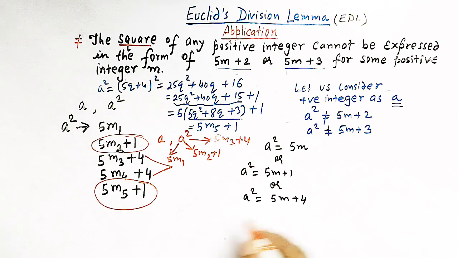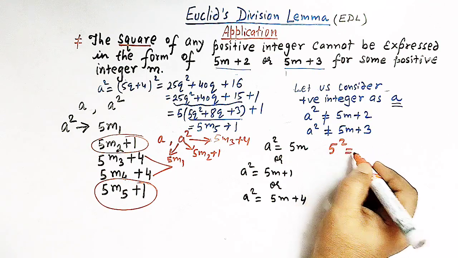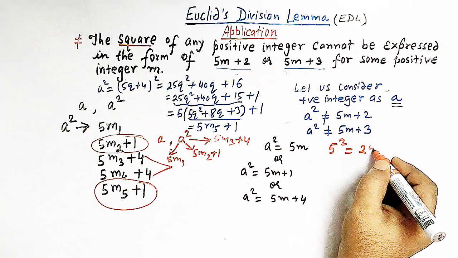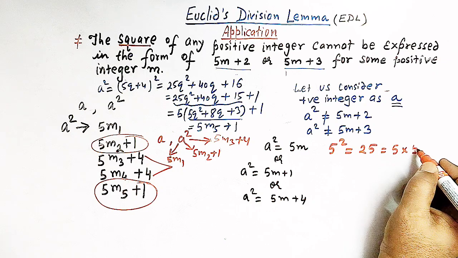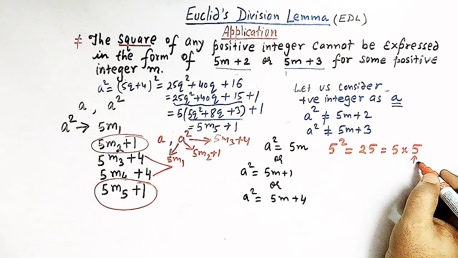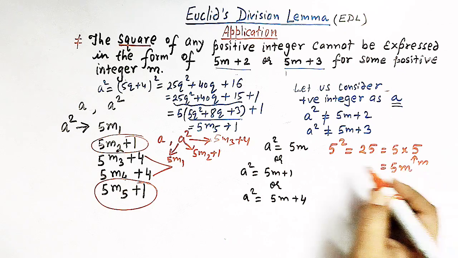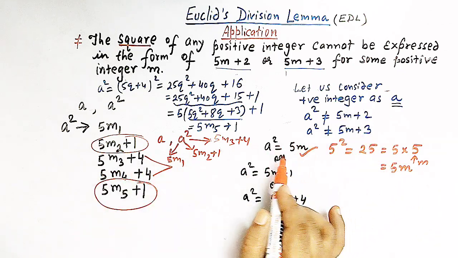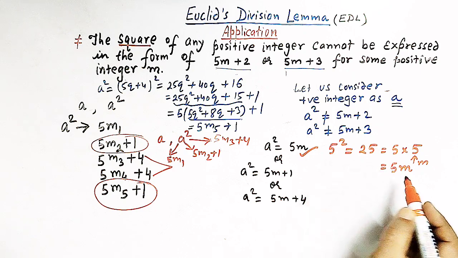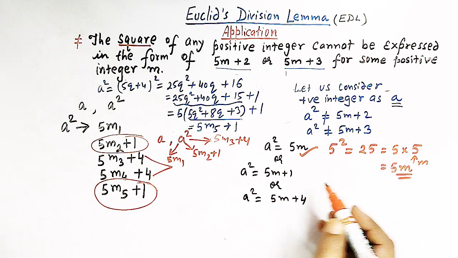So now let us consider some examples. Now see the square of 5. So 5 square can be written as 25, and 25 can be written as 5 times 5. If we take m as 5, we have 5 times m. So the square of a positive integer can be expressed in terms of 5m, where m is some integer.